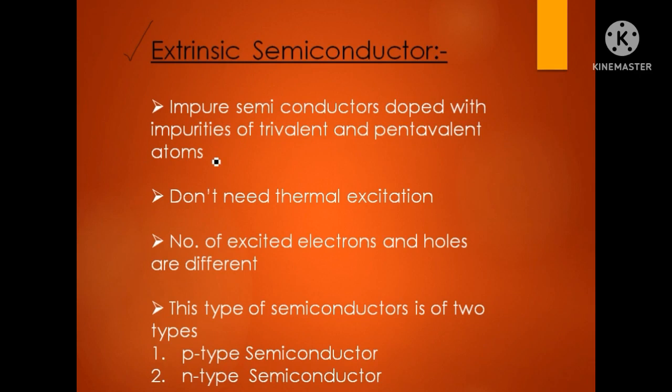Because these semiconductors are doped with atoms of different valency, like trivalent atoms and pentavalent atoms. Due to this the number of excited electrons and holes will be different. Extrinsic semiconductor is of two types: one is the p-type semiconductor and another is the n-type semiconductor.